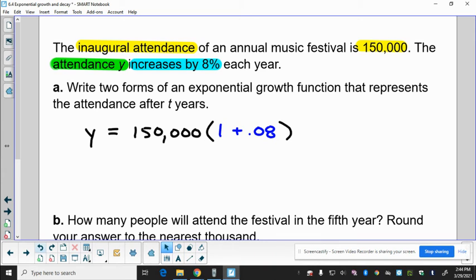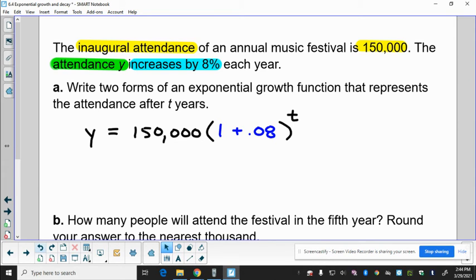And then the last thing we have to talk about is that this is going to be happening year after year after year after year. So we need an exponent, which allows for repeated multiplication over and over and over again. So that's one form of this.